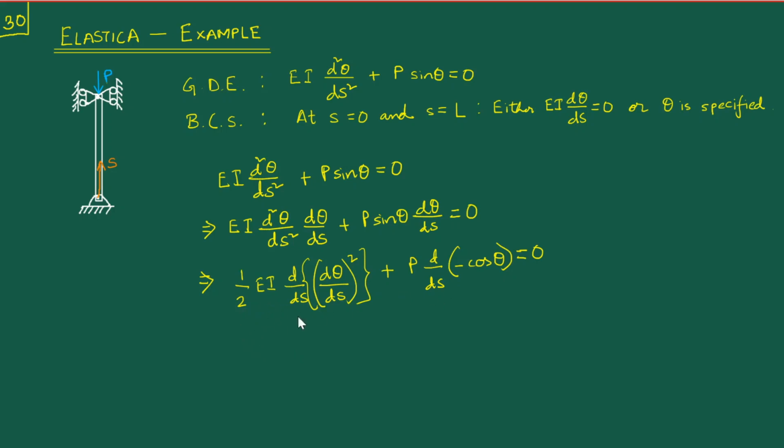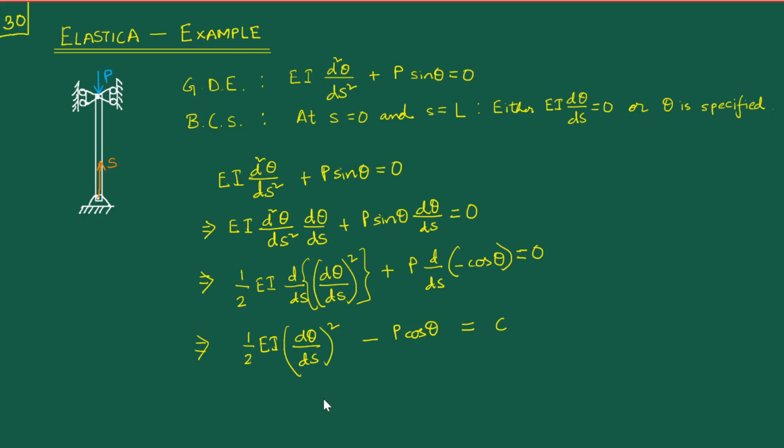In both these terms, we have managed to write them as d/ds of something, which is basically asking us to integrate with respect to s. If we integrate once with respect to s, we obtain this here and this here, but we also end up with a constant of integration, a constant which we of course don't know.